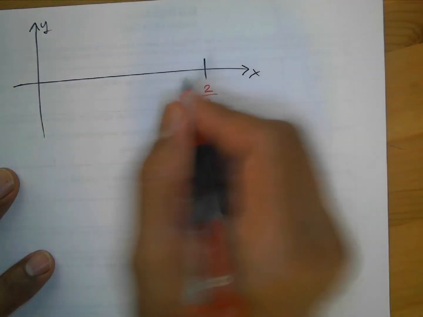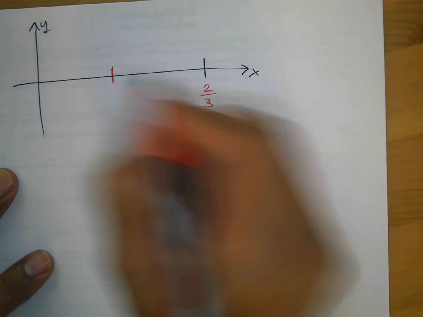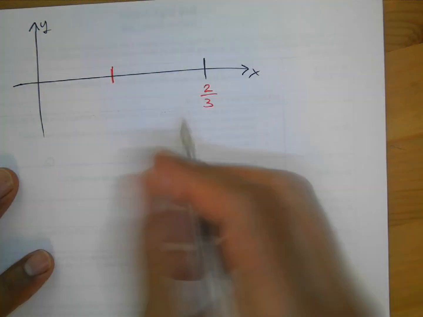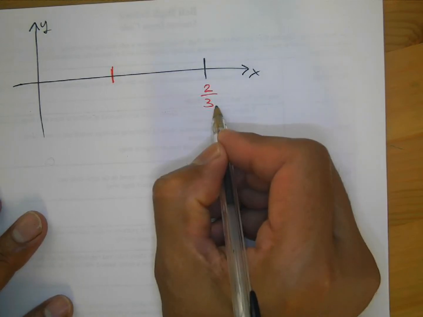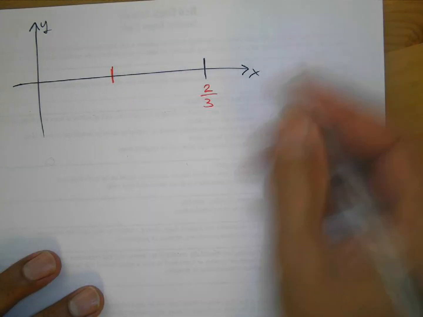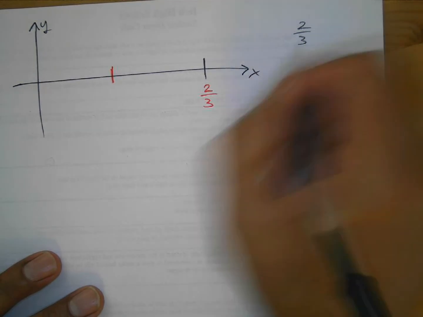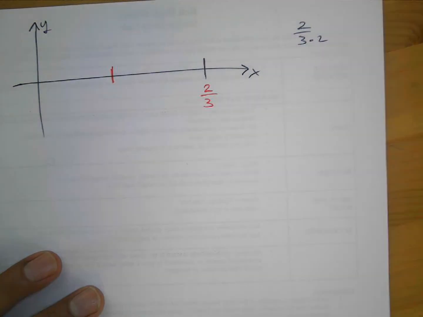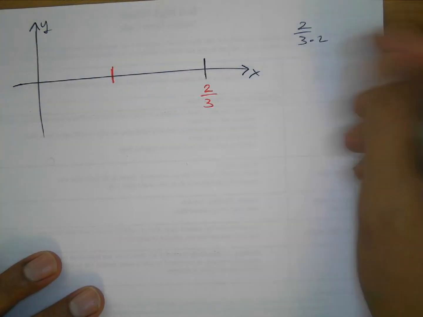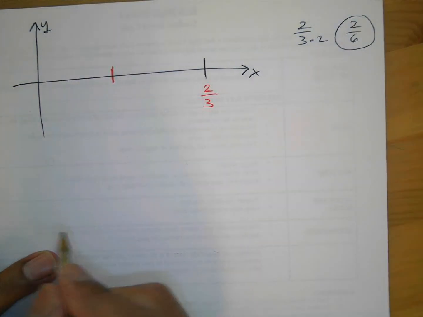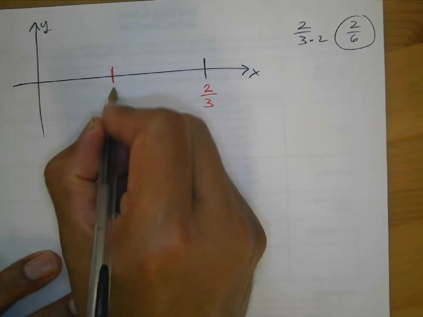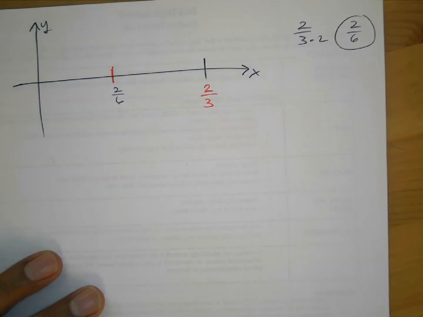Well, I got to find the halfway mark of 2 over 3 first. Again, how do you take half of anything? You put a 2 in the bottom. And if there's already a number in the bottom, you multiply that number by 2. Half of 2 over 3 is 2 over 6.